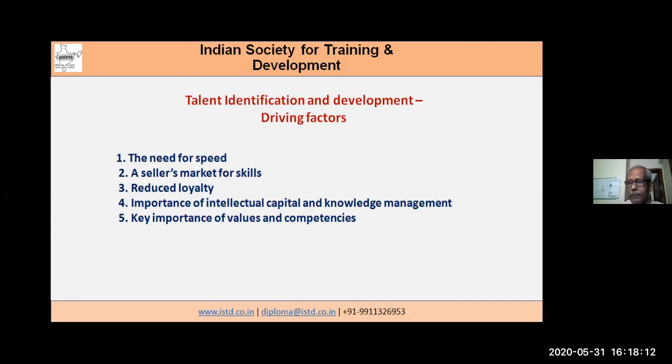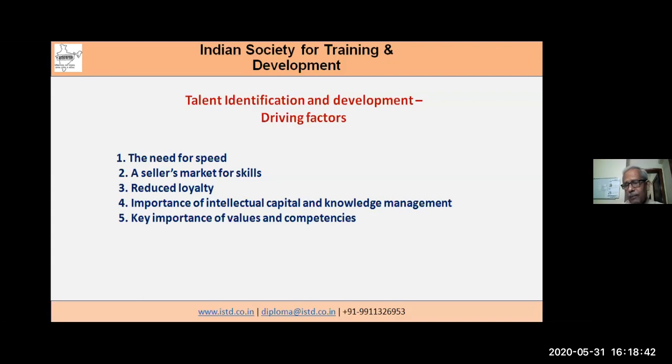Because the most important thing today is human resource, and that is probably the most scarce resource, because a particular person, a good person, a capable person, or a talented person can change the history of any organization. So therefore, it's a seller's market for skills, and the organizations need to be on their toes to get the people. That's one driving force for making this program of talent identification and development.